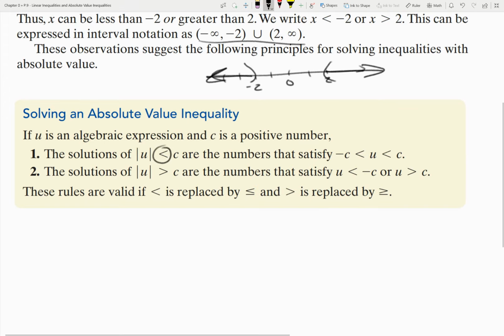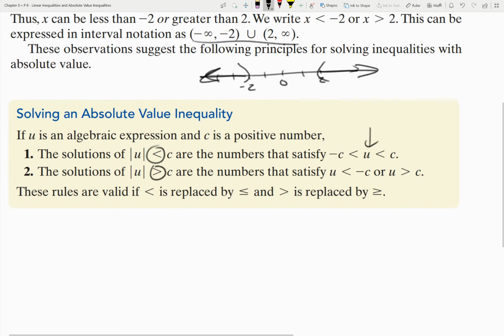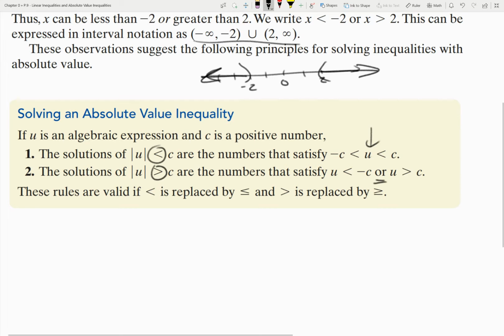If you overly emphasize that inequality symbol, "less than" sounds like there's an "and" in there, which gives me an and inequality. Whereas this one, if we overly enunciate it and say "greater than," sounds like there's an "or" in there. So less than, and inequality. Greater than, or inequality. That way we can remember which one is which when we are trying to set them up and solve them.